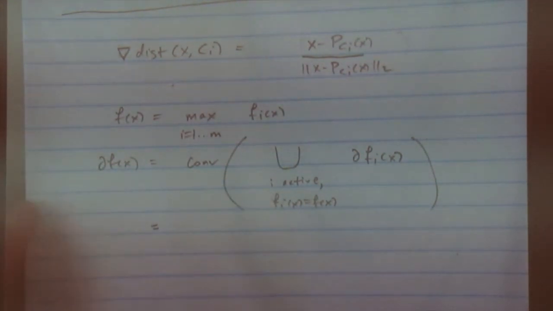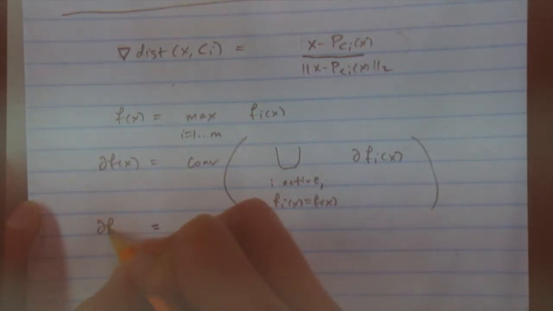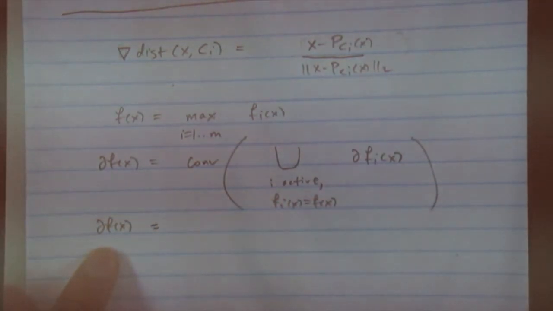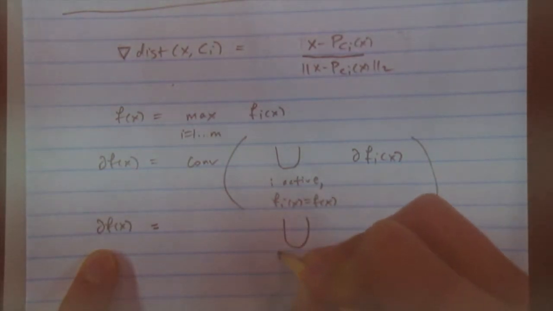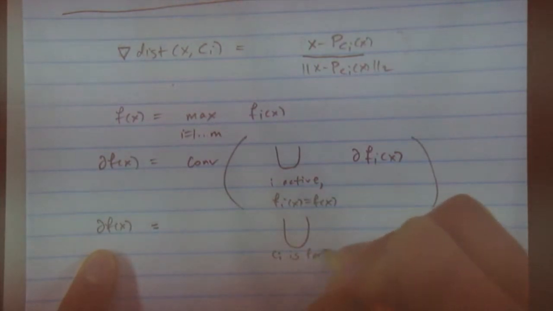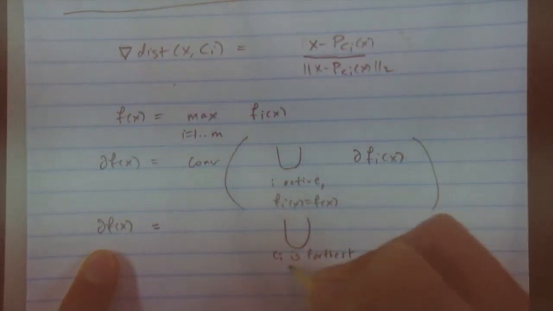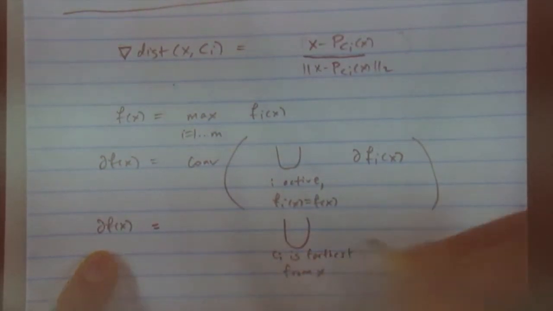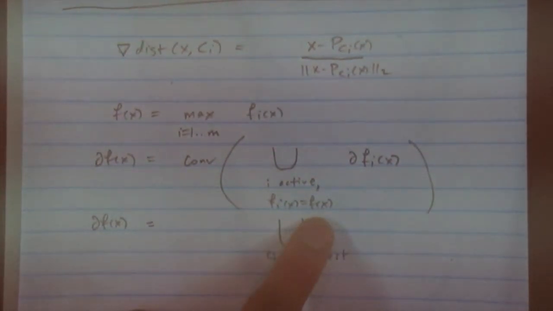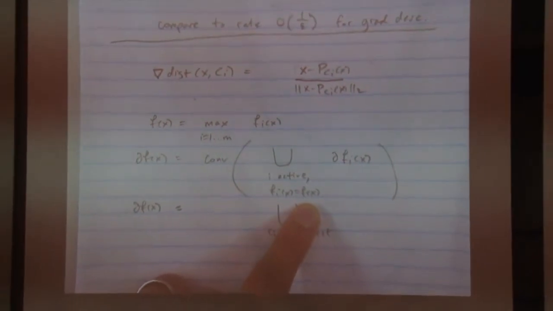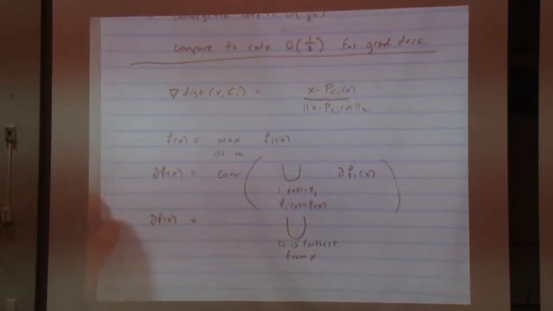So let's apply it to this function. We're saying that the subgradient is equal to the union over all i such that C_i is farthest from x. So what does it mean for f_i to achieve the maximum value f(x) in the context of our problem?